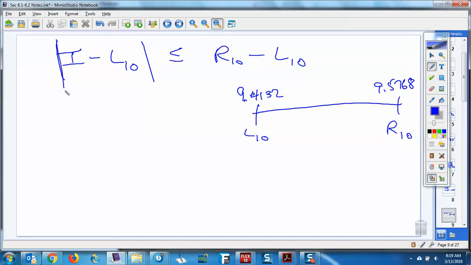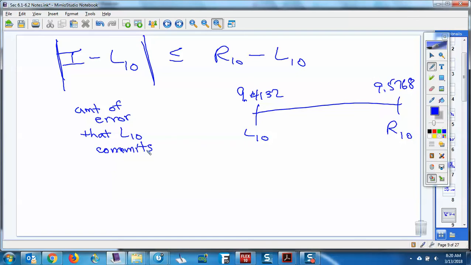Okay, so remember, what does this mean? When you see this, what does that mean to you? What do you think of when you see this left side in words? The amount of error that L10 commits, right?